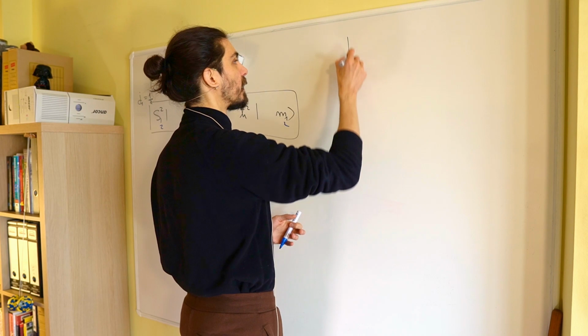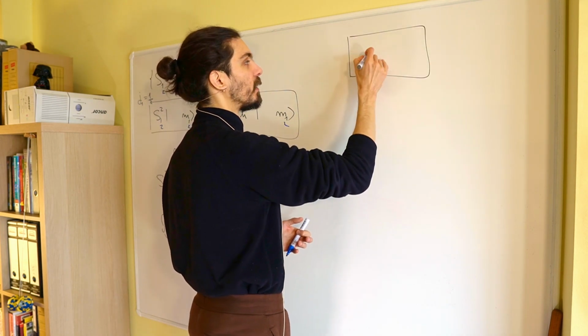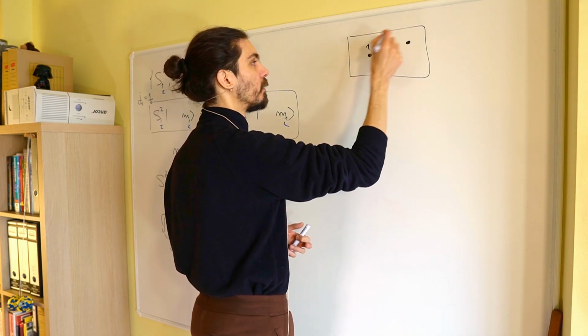So if you have now a system, it's just a picture, and this is electron 1 and electron 2.